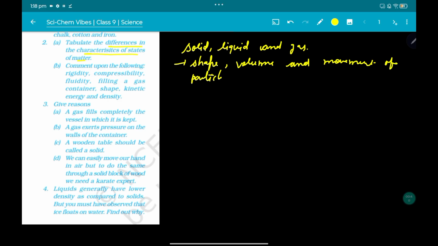Let us understand. In solids, the particles are very close together.